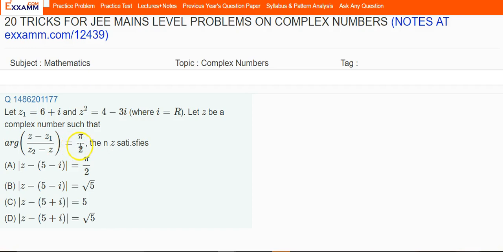But now coming back to the main point: if Z is a point which moves in such a way that argument of (Z minus Z1) upon (Z minus Z2) is equal to pi by 2, then what does it tell us?